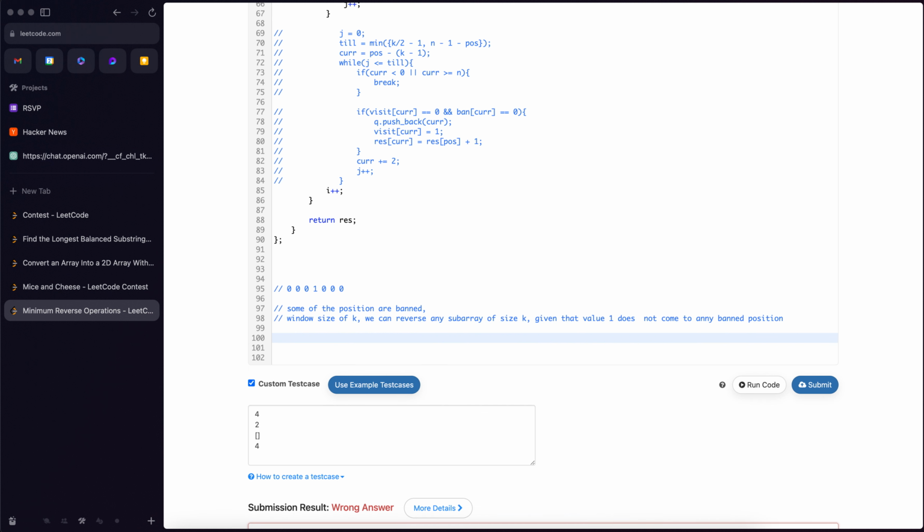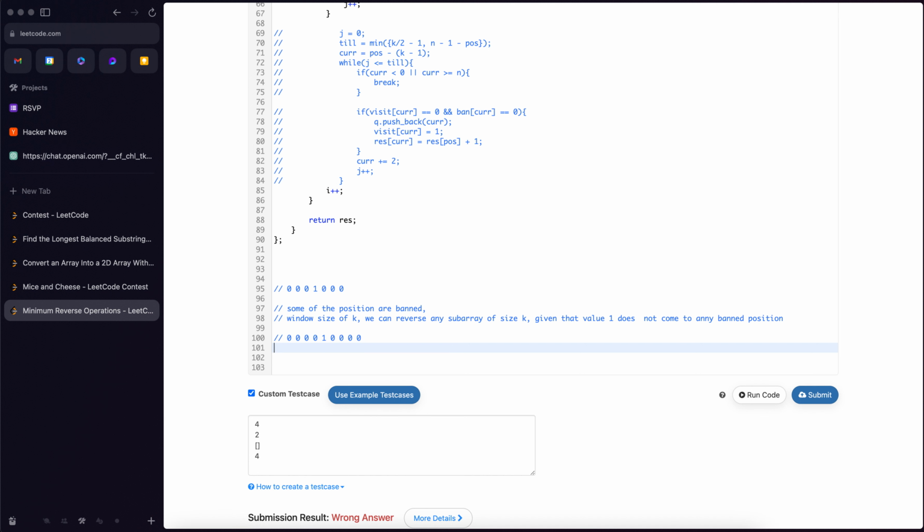Considering for simplicity that none of the positions are banned, what positions can we achieve by reversing? I'll take an example. Let's say this is the input array, slightly non-uniform, and k is 3.